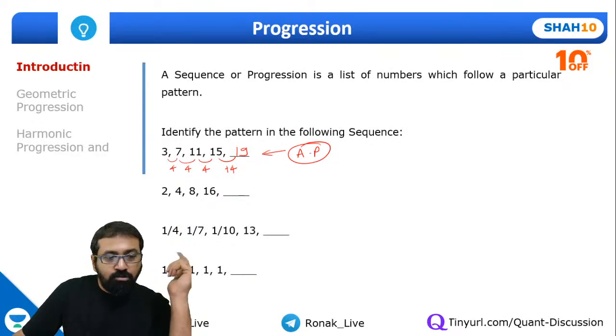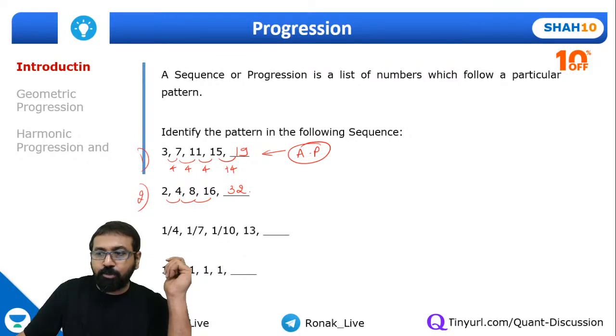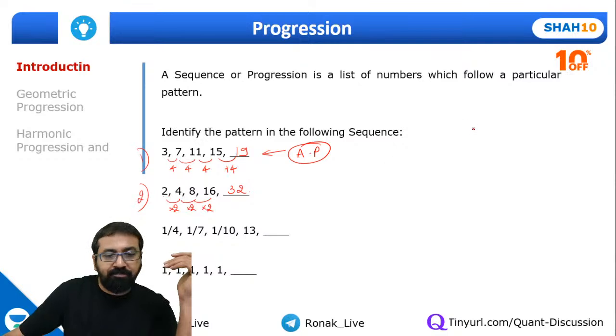Right, now let's look at the second sequence. There is one more sequence over here. This was the first one, this is the second one. Now what will be the next term over here? Again, I'm sure you all can make out it should be 32 precisely, because each term is getting multiplied by 2. The other way of looking at that is second term upon first term, it's 2.